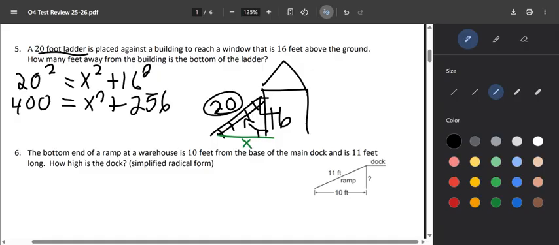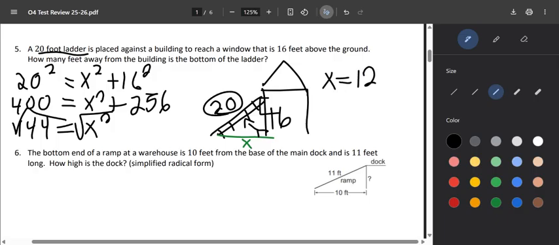We're going to subtract 256 from both sides, and we get 144 is equal to x squared. Once we have x squared by itself, we can go ahead and take the square root. And the square root of 144, this is a perfect square. We get x is equal to 12. So our answer is 12 feet.